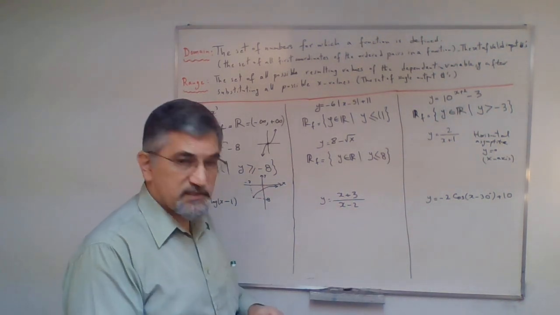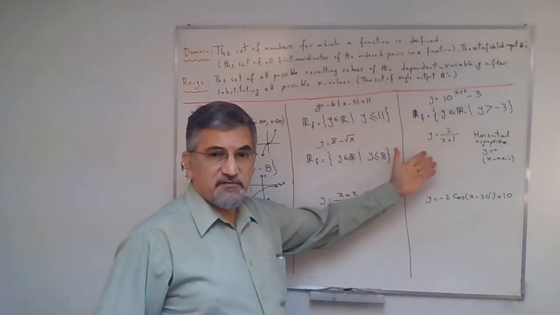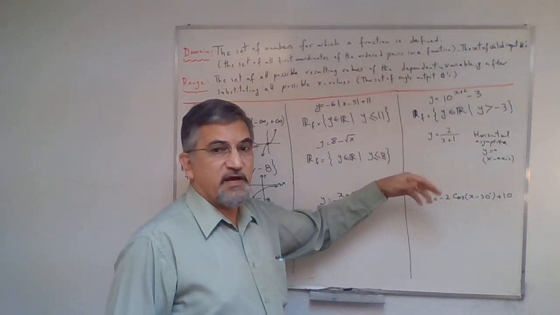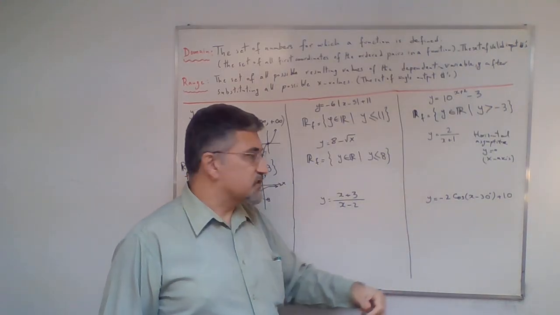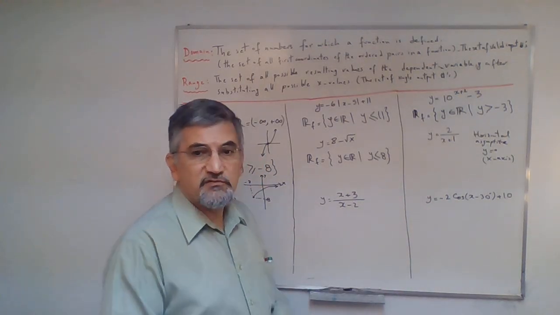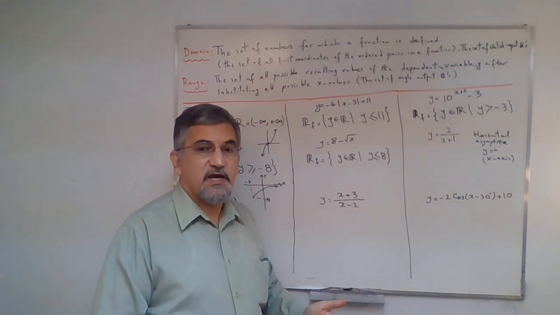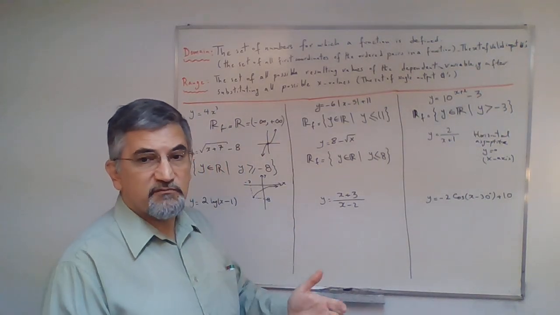It doesn't intersect the x-axis. We don't even have an x-intercept. If you set y equal to 0, you would have no solution for the resulting equation, which means there is no x-intercept. And that means that y can never ever be equal to 0. But other than that, it can be positive numbers, it can be negative numbers, no issues.